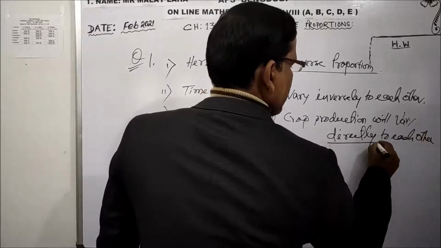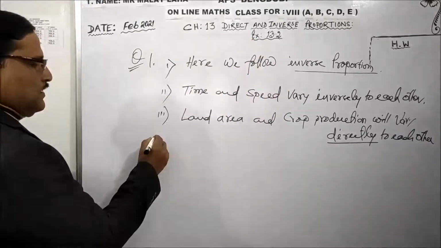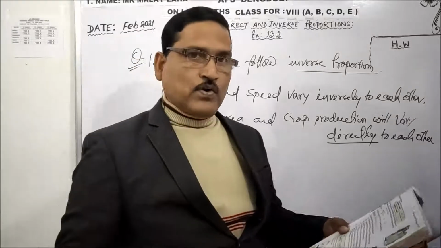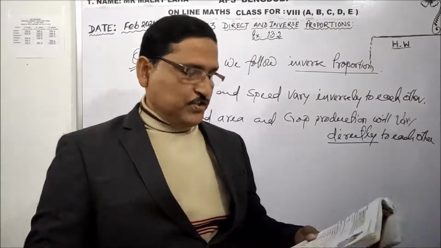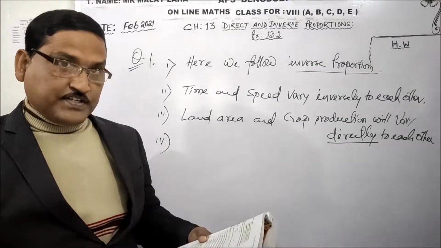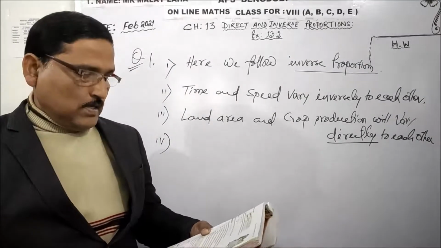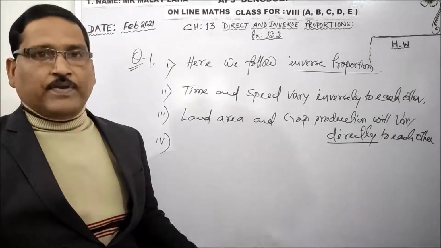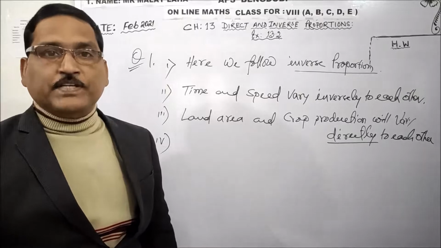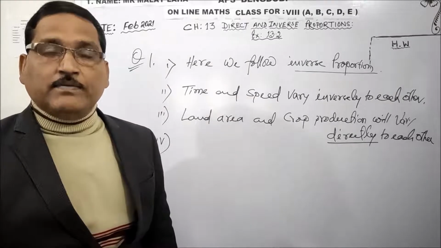Okay, directly. In this case, the question is testing you on where you have to follow direct variation and inverse variation. The time taken for a fixed journey and the speed of a vehicle: time and speed. What I said earlier, time and speed will vary inversely to each other.